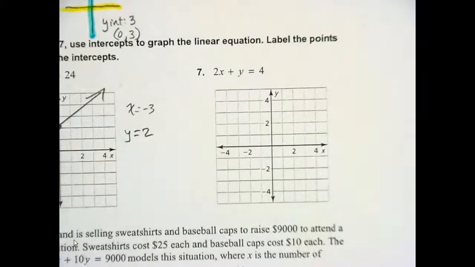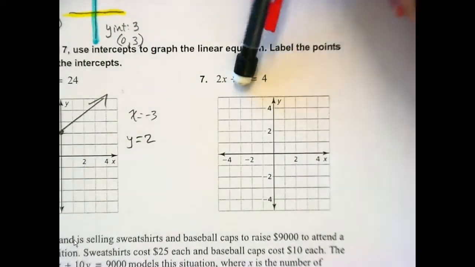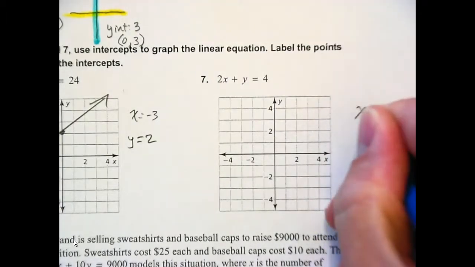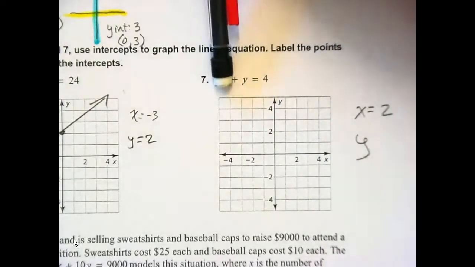Okay, number 7. Let's make sure we're clear. X-intercept: cover up the y. We get x equals 2. Y-intercept: cover up the x. What do I get? It is 4.